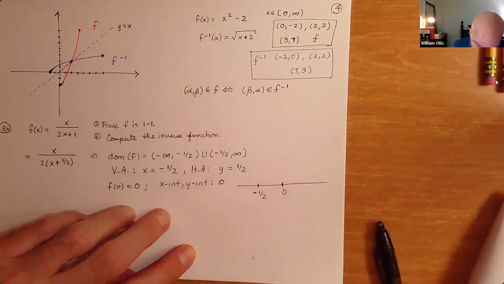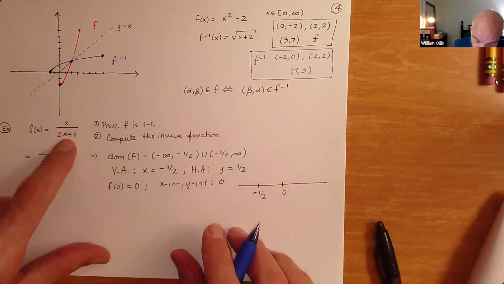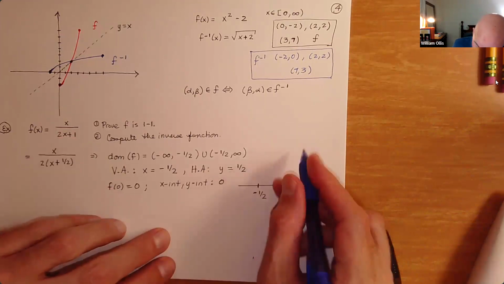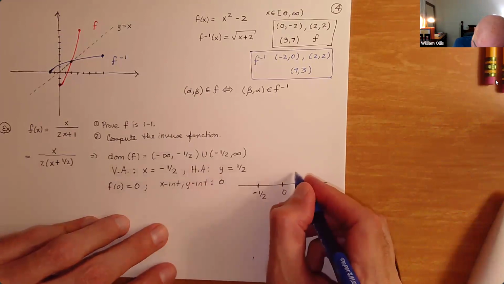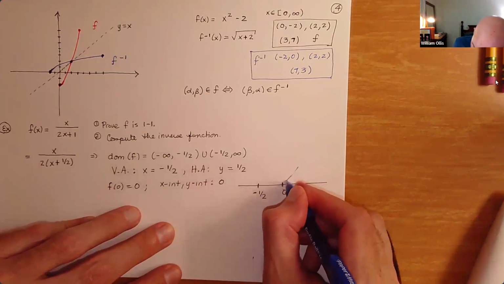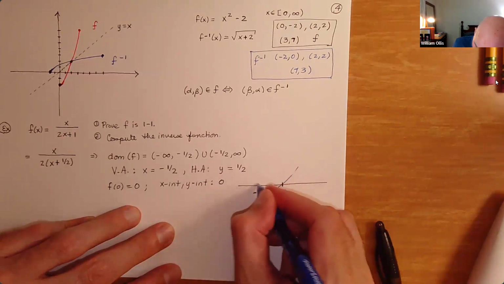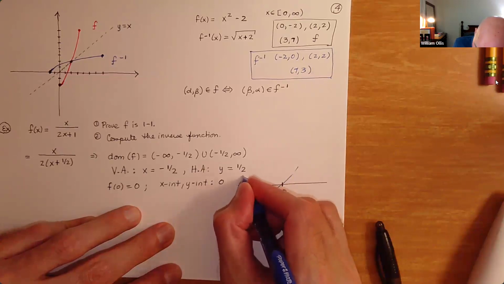Now, of course, if we just took some huge number bigger than 0, like 500, that's clearly positive. And then the x is to multiplicity 1, so we get something like this. We cross. And then, of course, at the -1/2, we don't cross, but the sign does change.